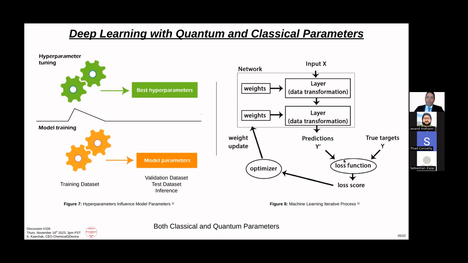Over the course of time, you want your predictions to become more like the true values. Say your predictions are 90% of the true values. Well, that's reported as a loss function, and the optimizer will change the weights again to try to get the Y prime predictions the closest it can to the true targets.